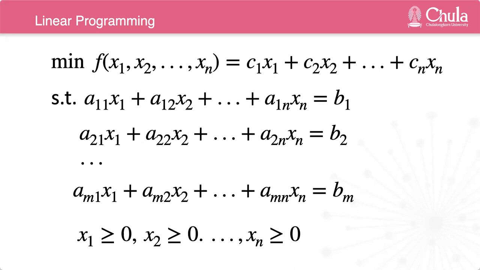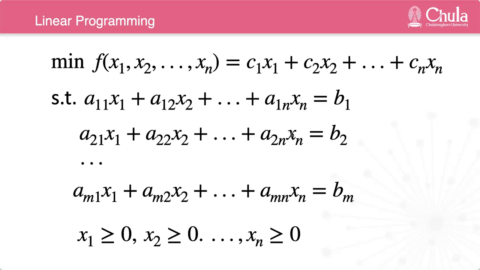That means if we can find the vertices, or corner points, the optimum point will be on one of them. You just check the vertices and the value of the objective function at each vertex, and then we can find the optimum point.